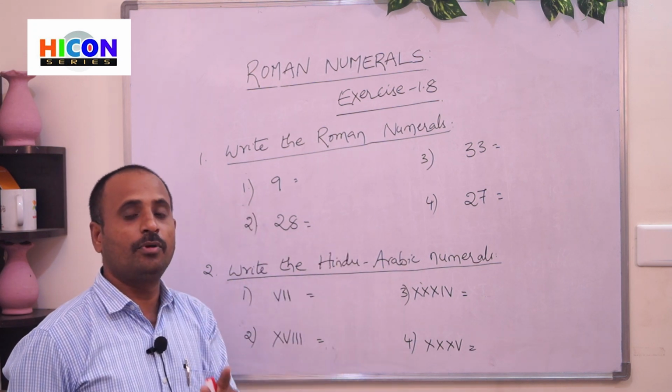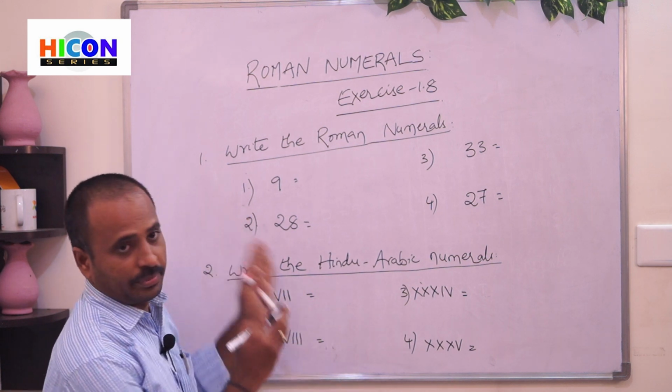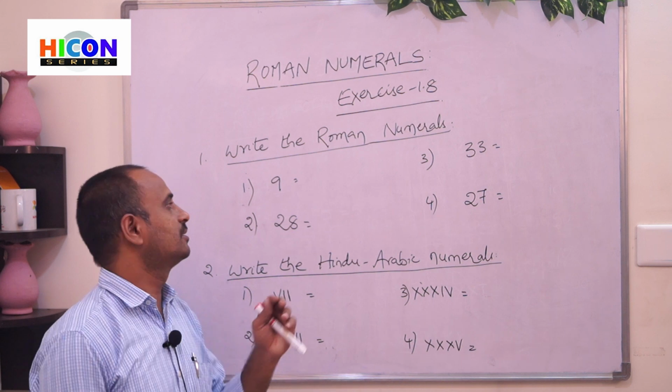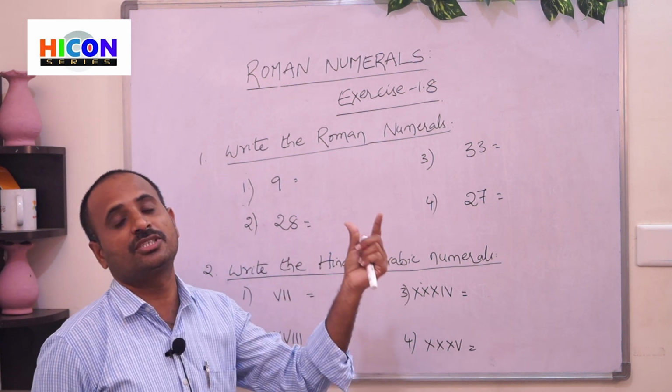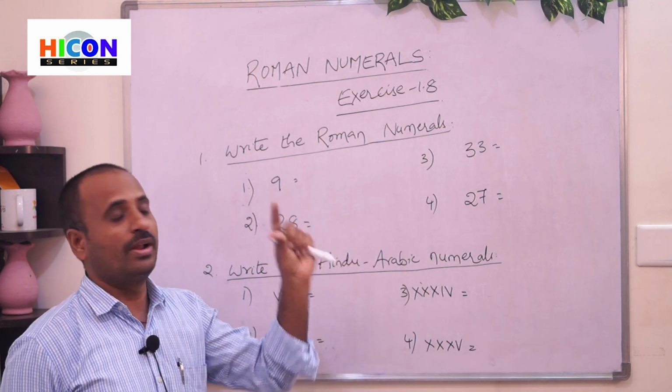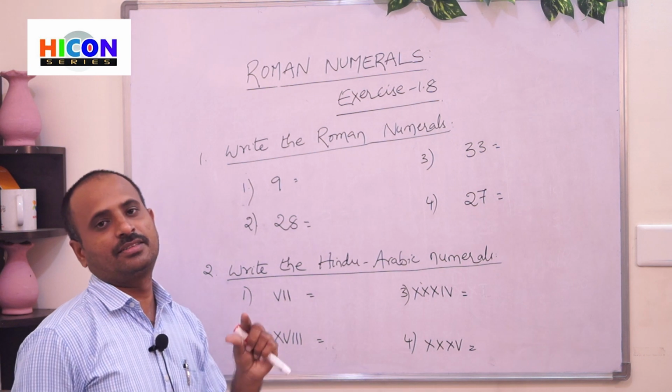So children, keep one point in your mind. First split the given number in terms of the Hindu-Arabic system, like 1, 5, 10, 50, hundreds.